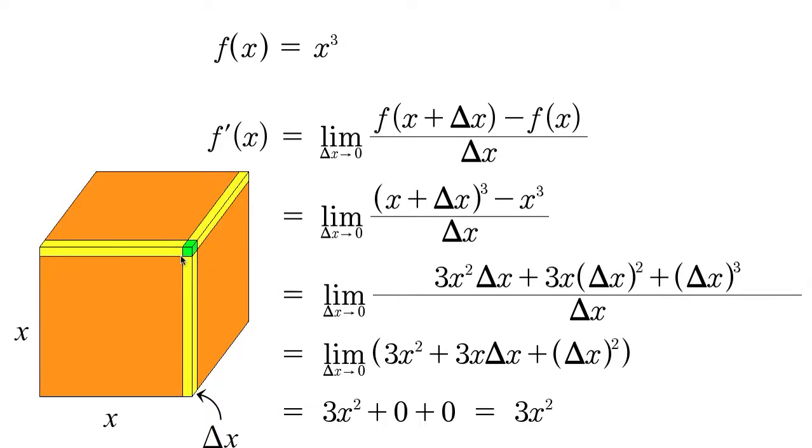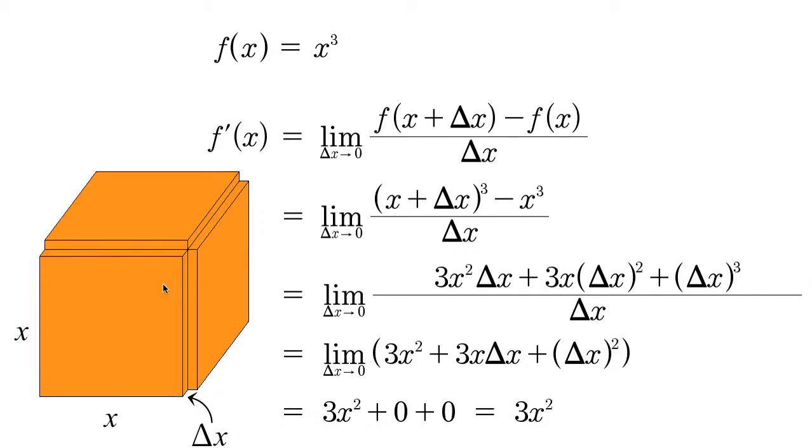As delta x approaches 0, they have 2 dimensions of delta x. So when we get the average rate of change and we divide by delta x, they're still going to have delta x in them. They're going to shrink down to nothing. This is what really matters. And we see here the derivative is 3 because there's 3 faces times x squared.